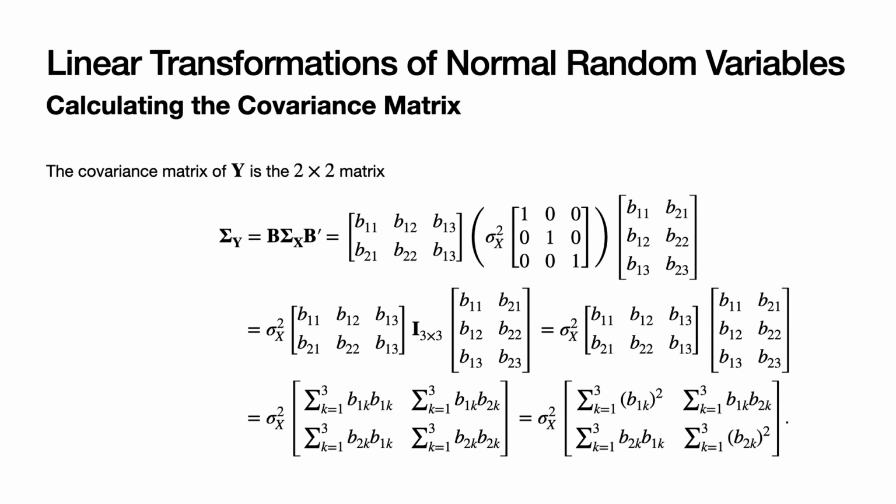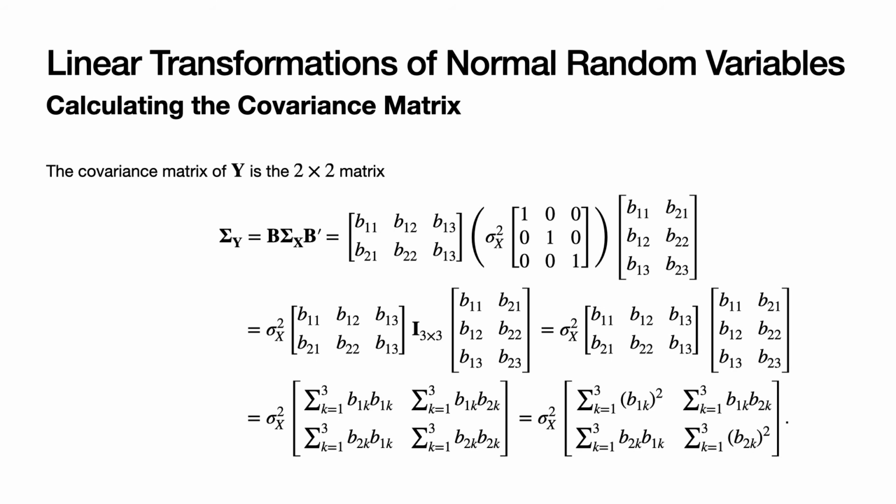Now again, appealing to Theorem 1.4, the covariance matrix of y is the 2×2 matrix obtained by pre-multiplying the covariance matrix of x by the linear transformation matrix B, and then post-multiplying that by the transpose of B. And you can follow the calculations here.